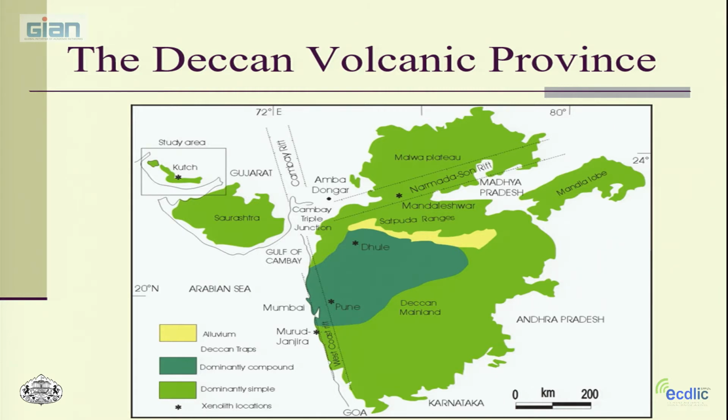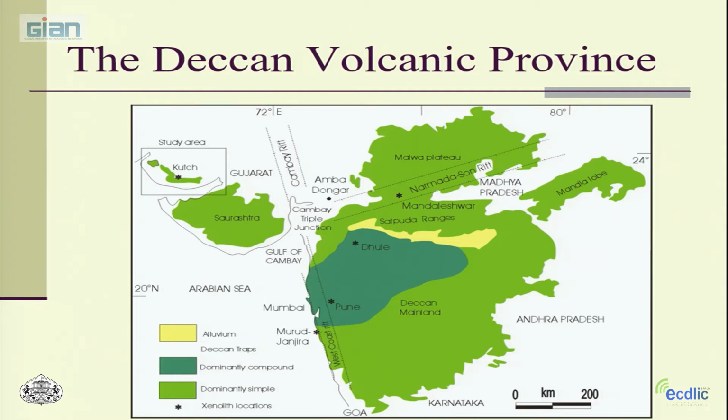And then the tectonic elements: the Narmada zone lineament, or the rift that occurs to the north, close to the Malwa plateau, and onto the west coast you have the west coast fault, and there is a Cambay basin or the Cambay rift, and that is considered to be a triple junction wherein three linear features meet at one common point.